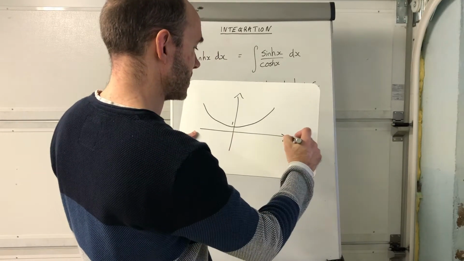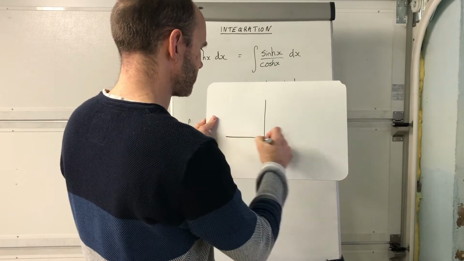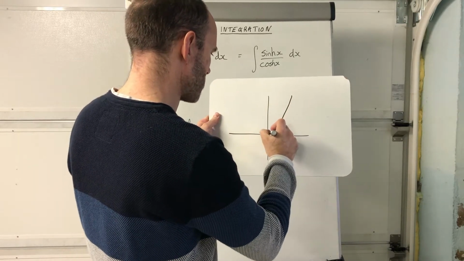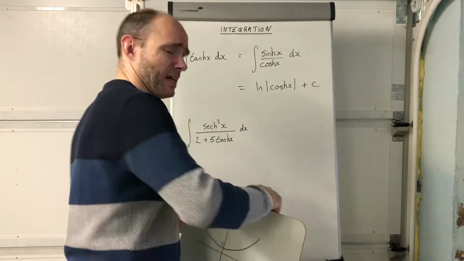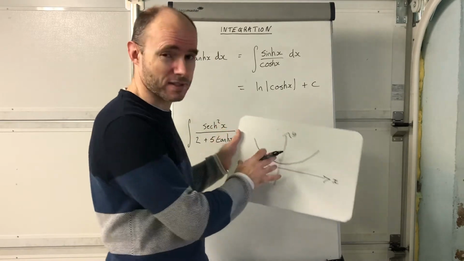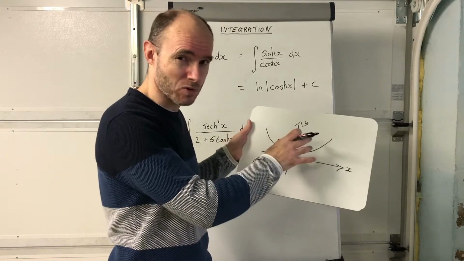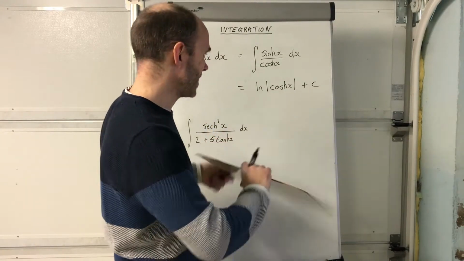I've not labelled the axes, I really ought to, shouldn't I? And then sin x, what does that one look like? That kind of looks like a cube graph, but it's not a cubic graph. I keep saying this, but to try and remember, the cos x catenary looks like a quadratic x squared graph. The sin graph looks like a cubic graph, you just kind of need to know those.